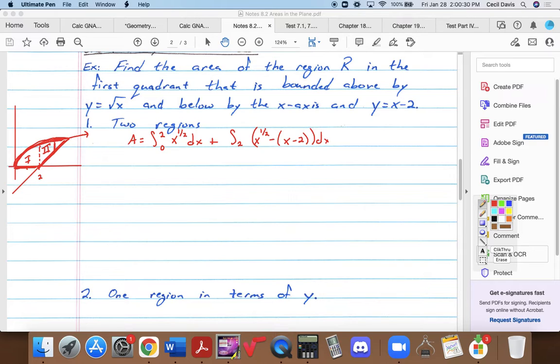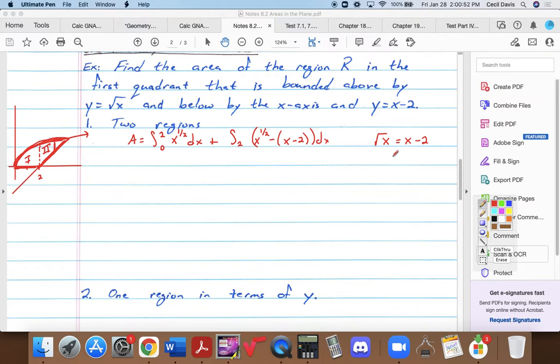How do you find this other limit of integration? Well, where is the square root of x equal to x minus 2? You might be able to guess it faster than you could work it out.